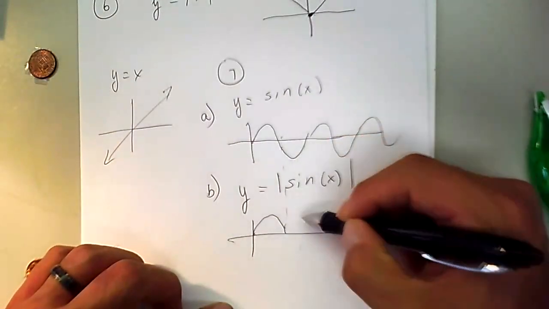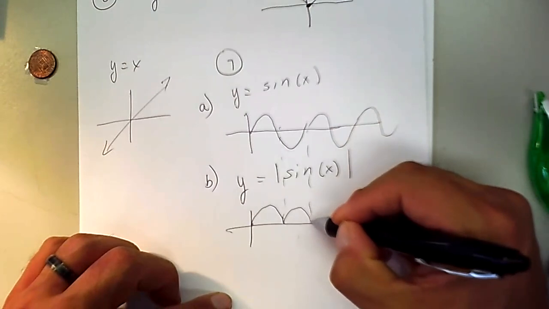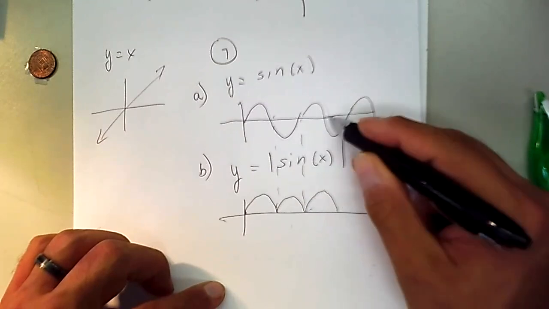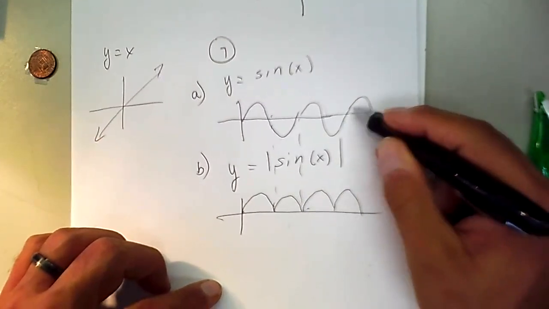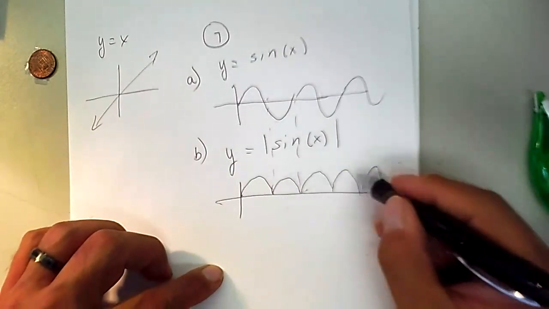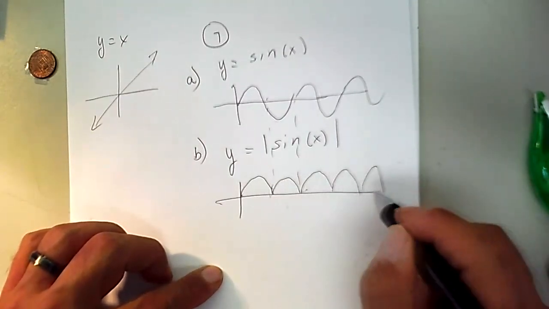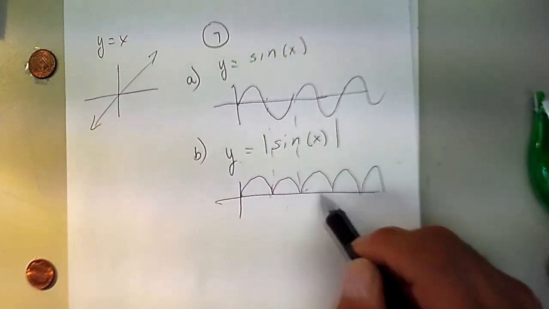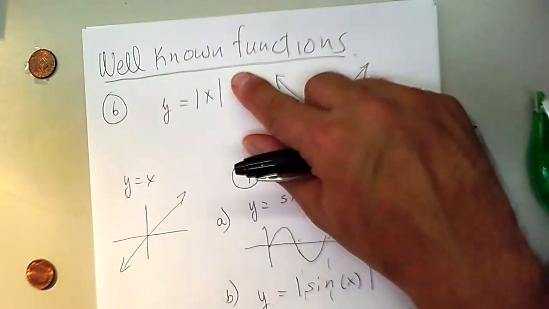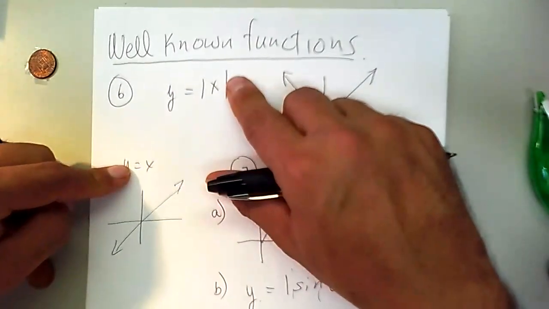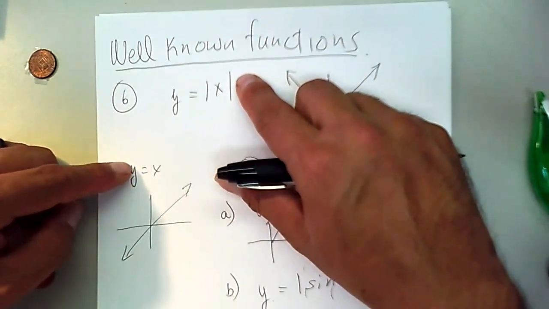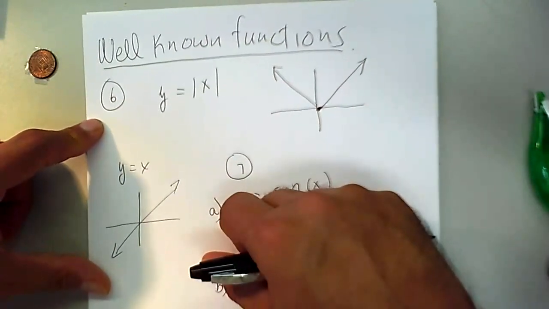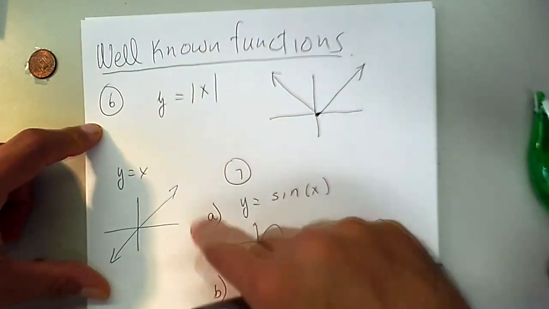So this one that is under now goes over the line. This one is already over, keep it. So anything that is over, keep it. Anything that is under, flip it. Over, keep it. So we end up with bumps with sharp corners as we connect them. And that is the function of y equals the absolute value of sine of x. So if you put absolute value, pretend there isn't, and you want to know how it looks like, pretend there is an absolute value, draw the picture the way you know it, and then flip whatever is under the x-axis.